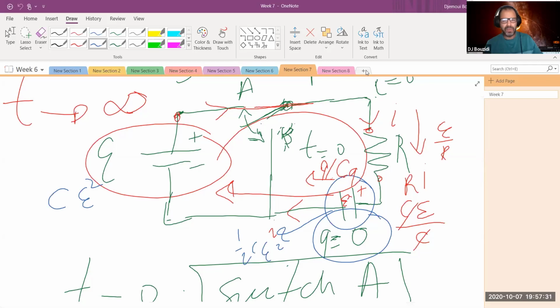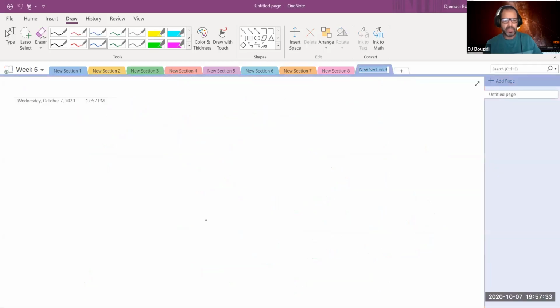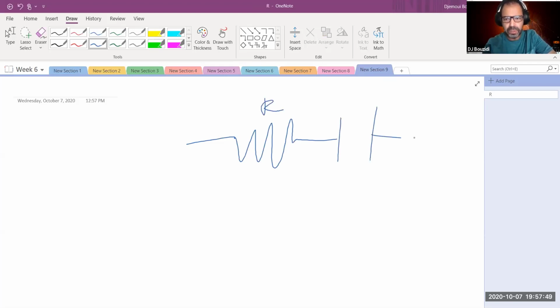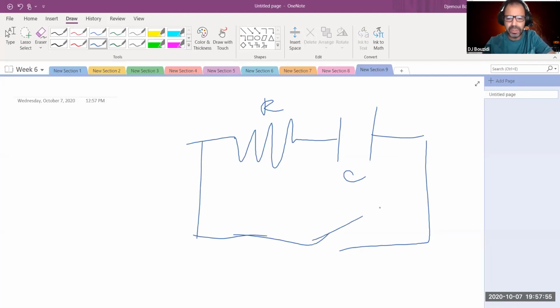For that, I'm going to have a new, fresh start at this so that we have a clearer picture of what's going on. I have a circuit that looks like this. I have a resistor R, followed by capacitor C. And usually, for good measure practice, you have a switch, now it's closed.